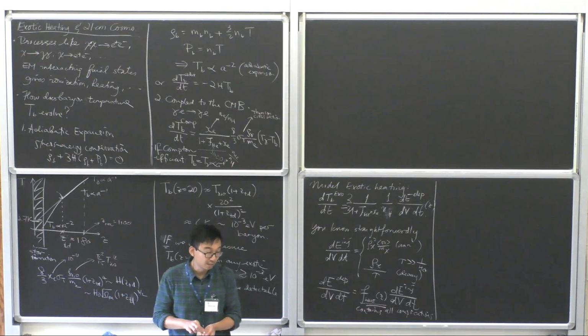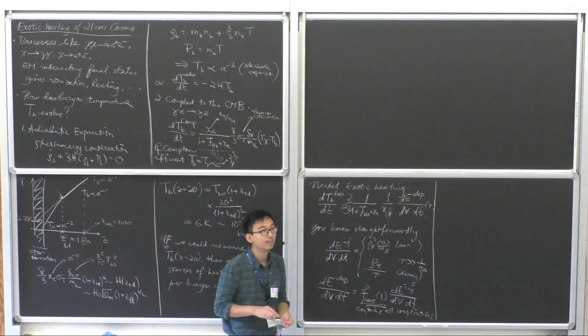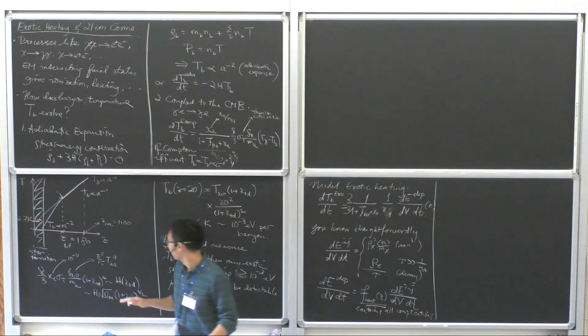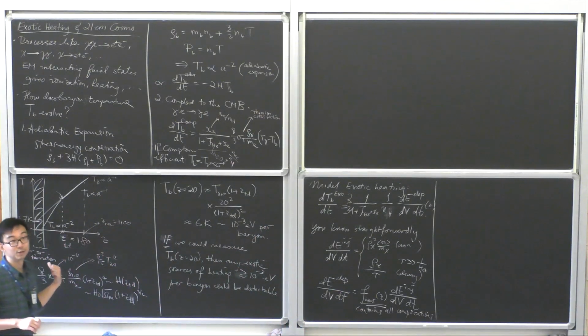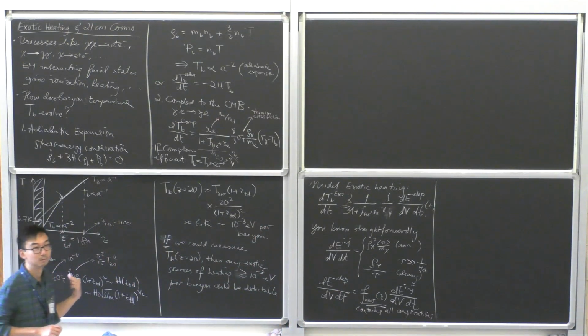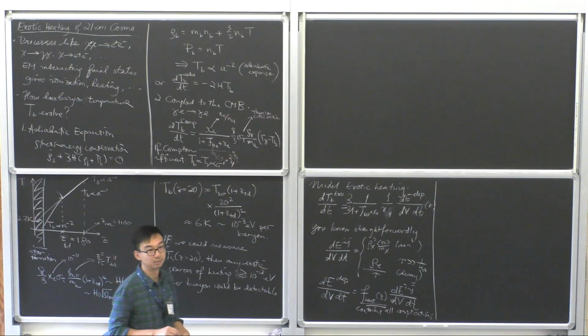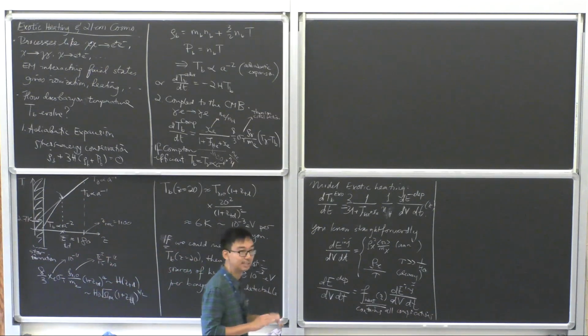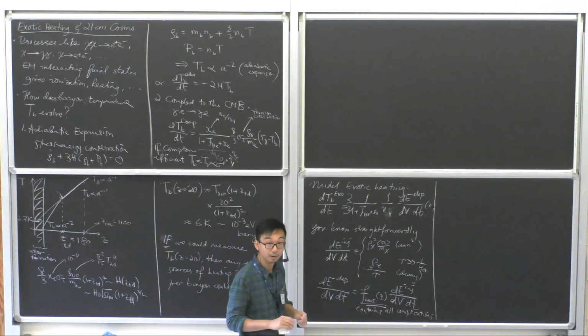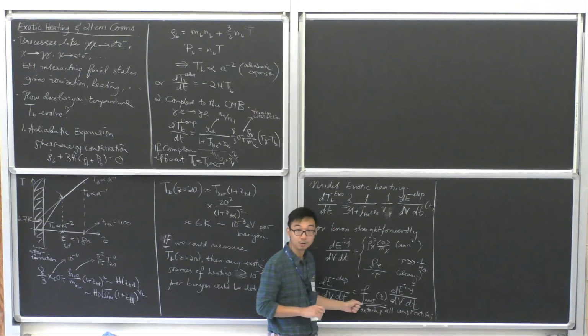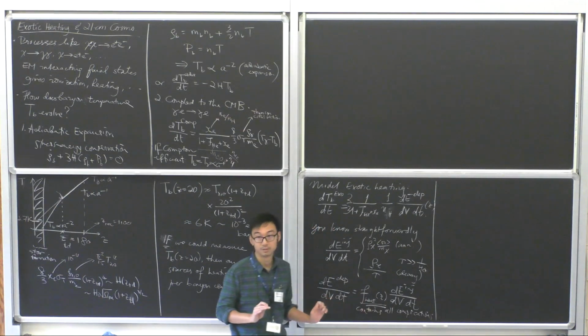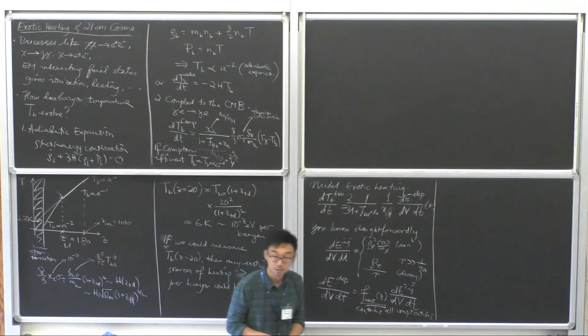For decays, I think it's also fine. But if you're thinking about how much heating there is at z of 20, then it's really important to include the x_e effect. These are details that I'm sweeping under the rug, but the only thing that you need is this f of z, and there are tools to compute it, is the take-home message. Okay?